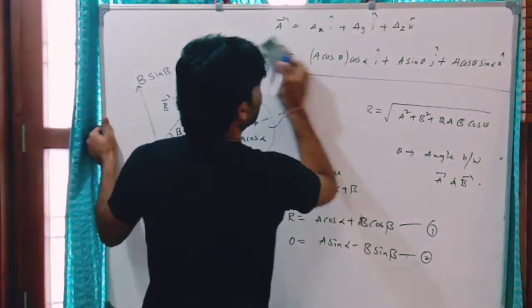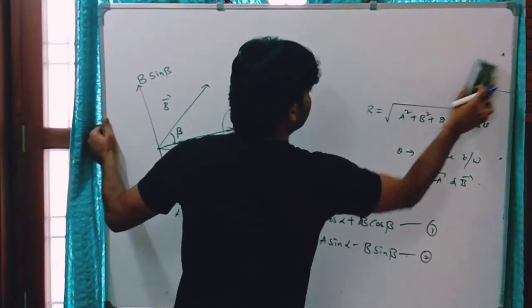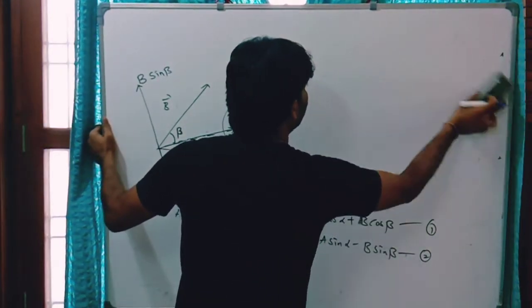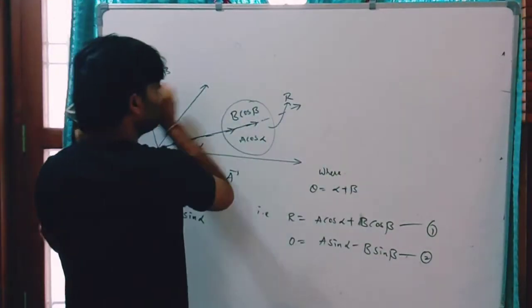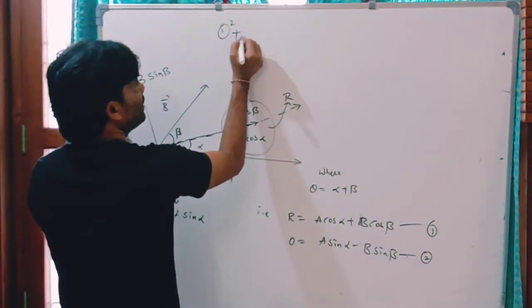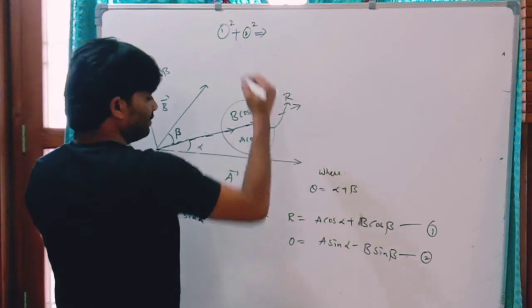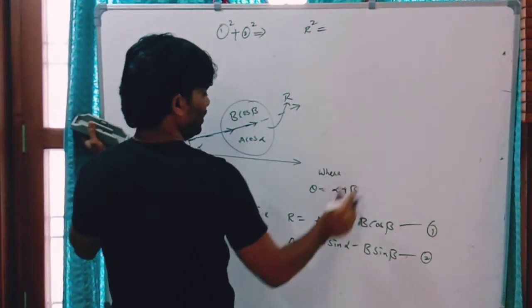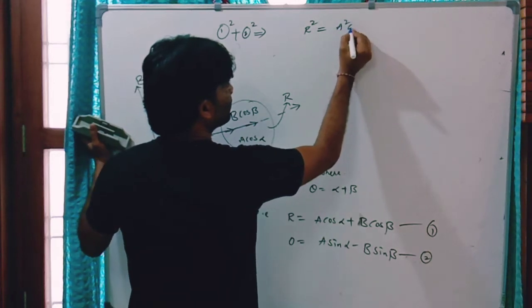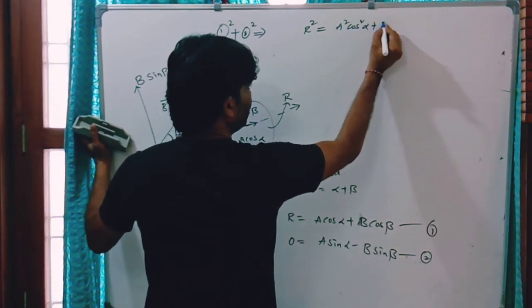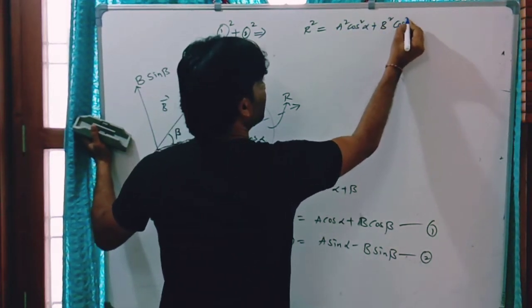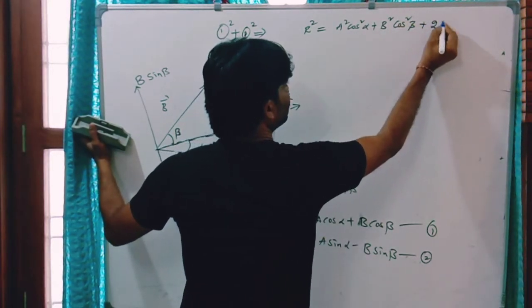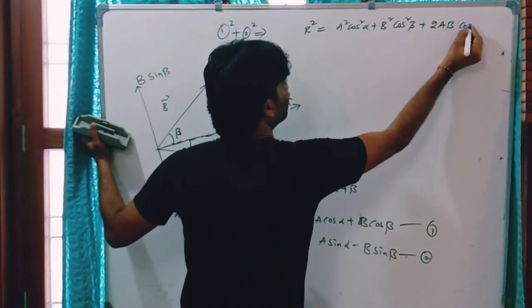So you can see, I'll square these two equations on both sides and add. Squaring equation 1, what is the square of this? r square on the left side, and on the right side a square cos square alpha plus b square cos square beta plus 2ab cos alpha cos beta.